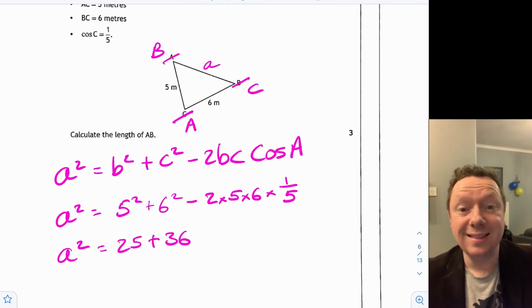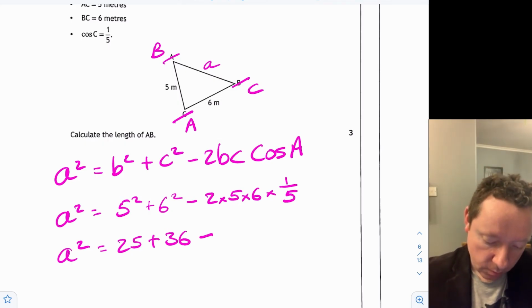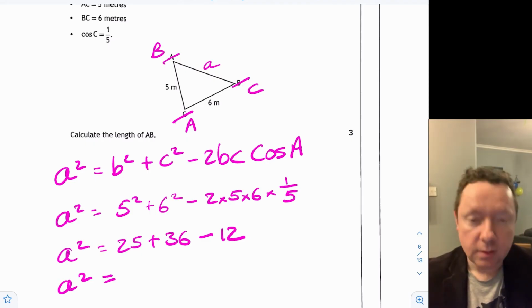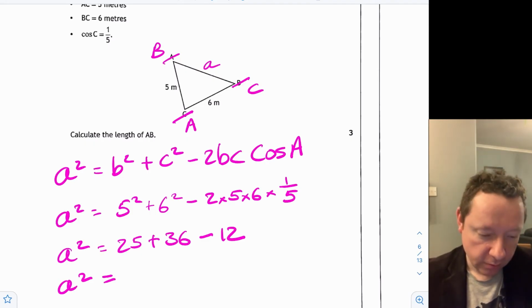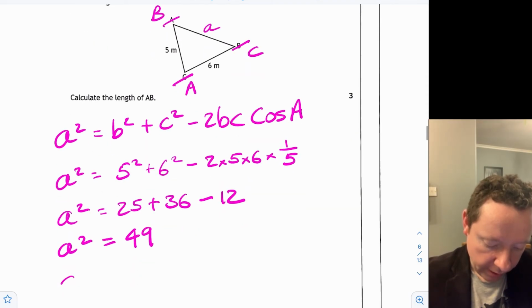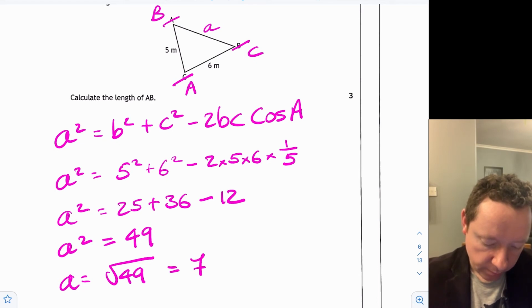A fifth of 60 is 12, so minus 12. So a squared is 36, 46, 56, 61 minus 12 is 49. And therefore a is the square root of 49, which is just 7 metres.